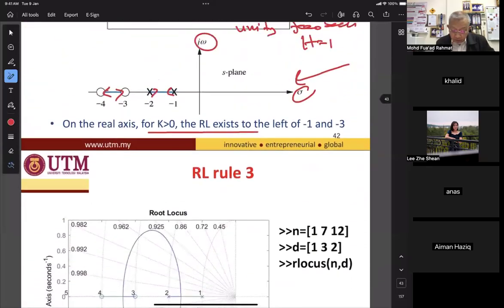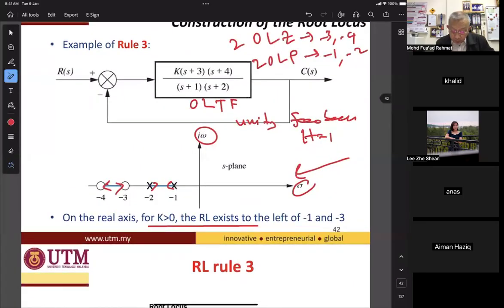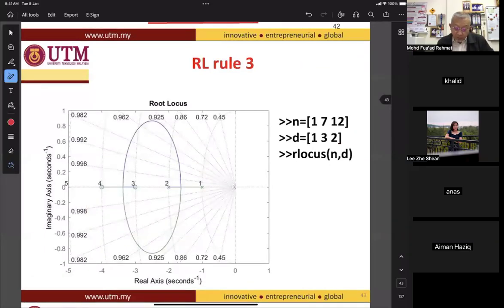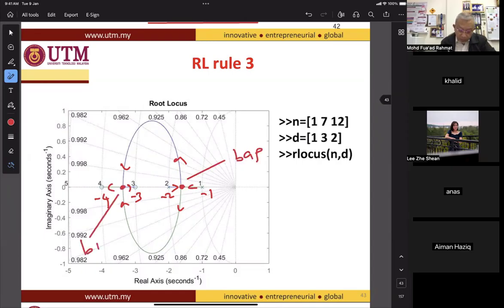If we plot this open loop transfer function, the root locus is shown here, where you have two paths. One starts from -1, -2, and the other from -3 and -4. They start from here and end here. And we have two breakpoints. This one is a breakaway point, and this one is the break-in point.